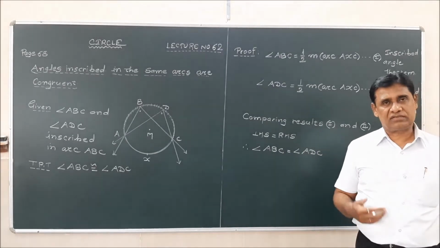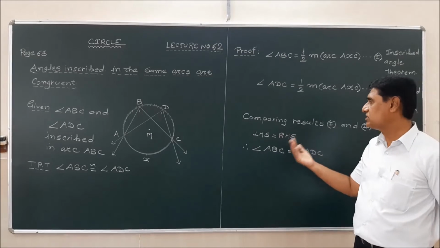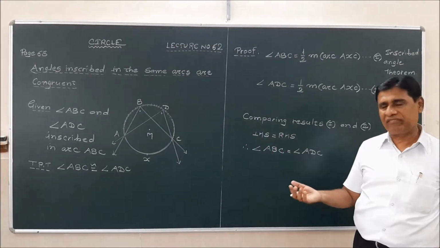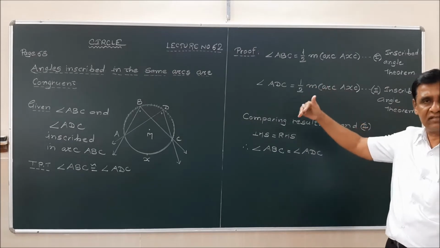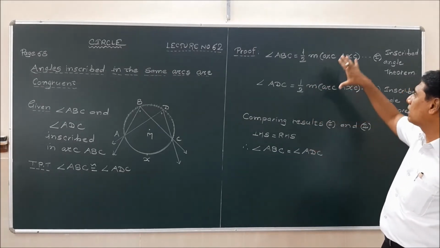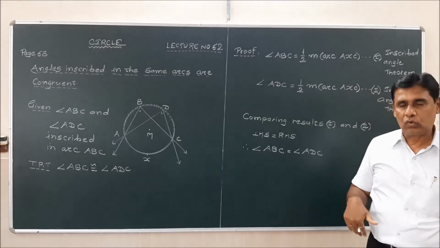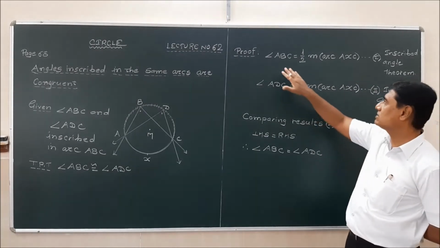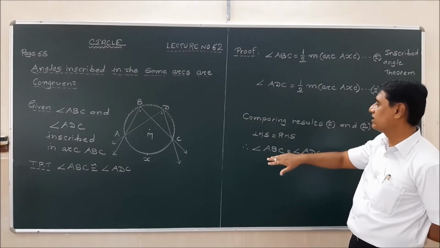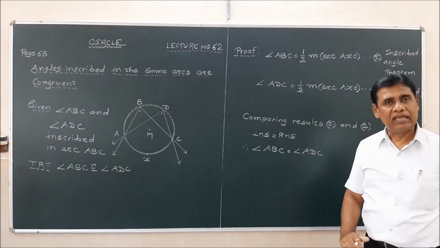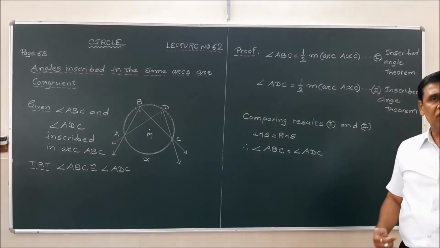In today's way of teaching, they don't actually call it that, but simply for clarification we can say the right hand side of 1 is equal to the right hand side of 2, and hence the left hand side of 1 is equal to the left hand side of 2. So angle ABC is equal to angle ADC. That is what we had to prove.